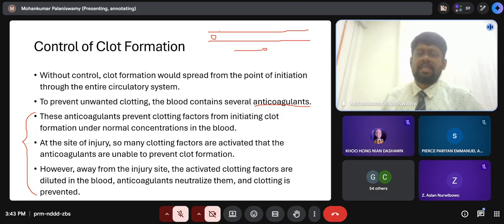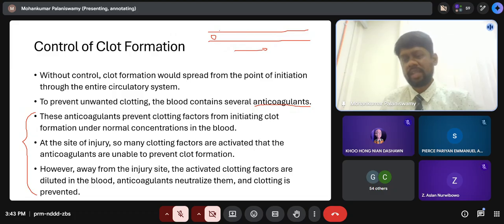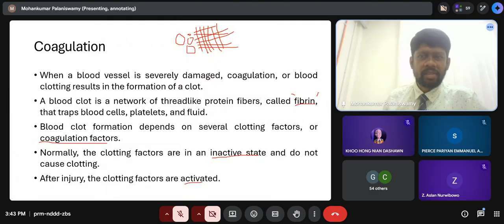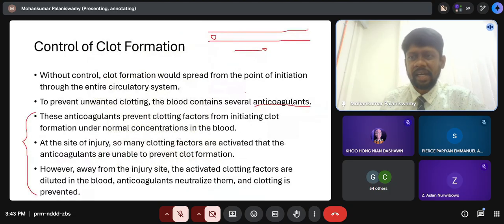The blood contains WBC, RBC, platelets, eosinophils, thrombocytes, erythrocytes, all those things. Along with the blood cells, we also have the coagulation enzymes and anticoagulation enzymes.